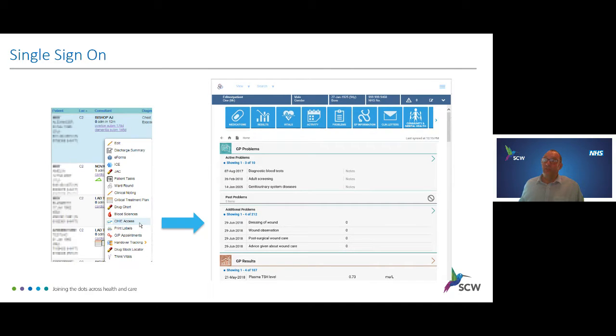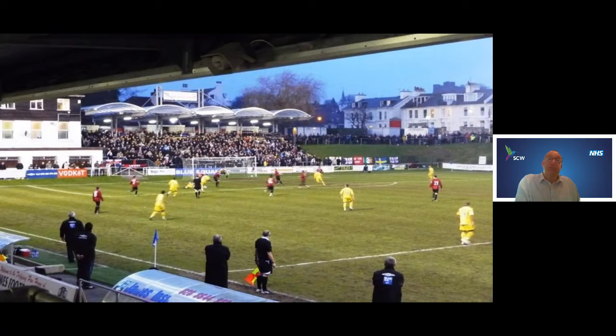So as I say, when I started this, we had just implemented this in Southampton, and if we can go on to the next slide, we were seeing about 3,000 patients being accessed, mainly at Southampton. And to give you some sort of context, 3,000 is enough to fill a football stadium.